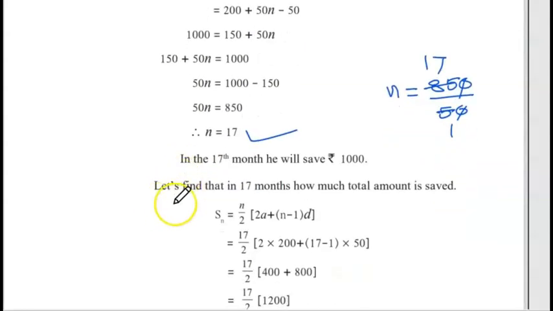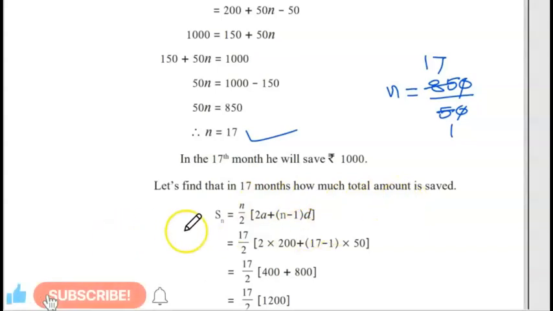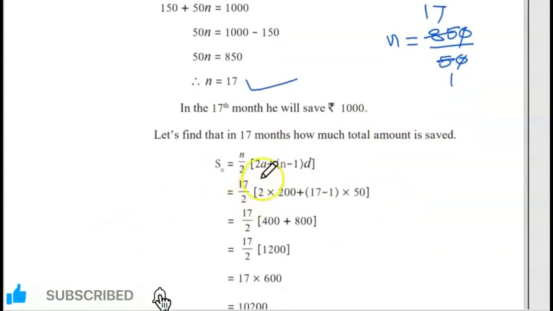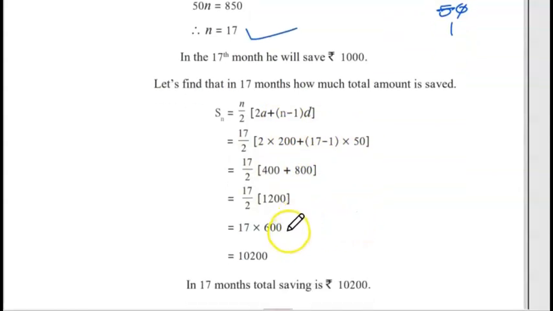Let's find that in the 17th month how much total amount he saved. Sn is equal to n by 2 in bracket 2a plus n minus 1 into d. N means what? 17 upon 2, 2 into 200 plus 17 minus 1 into the value of d, 50. Okay, 2 into 200, 400. 17 minus 1, you will get 16 into 50.